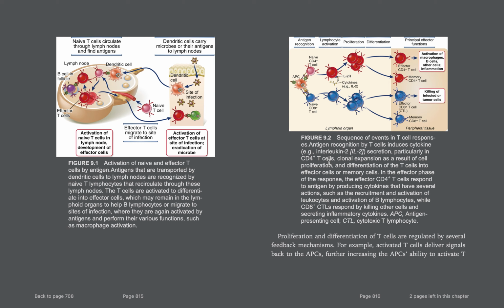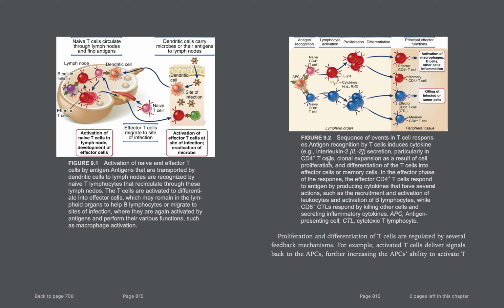In the effector phase of the response, the effector CD4 plus T cells respond to antigen by producing cytokines that have several actions, such as the recruitment and activation of leukocytes and activation of B lymphocytes, while CD8 cytotoxic lymphocytes respond by killing other cells and secreting inflammatory cytokines.